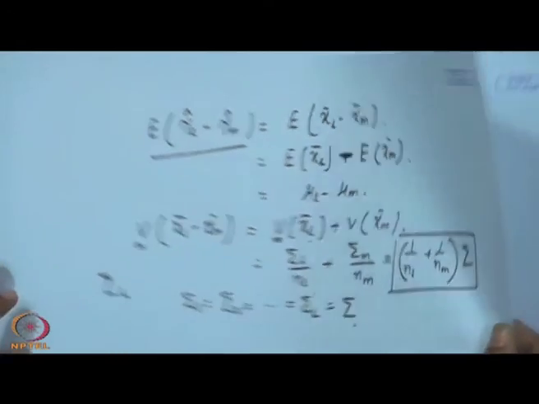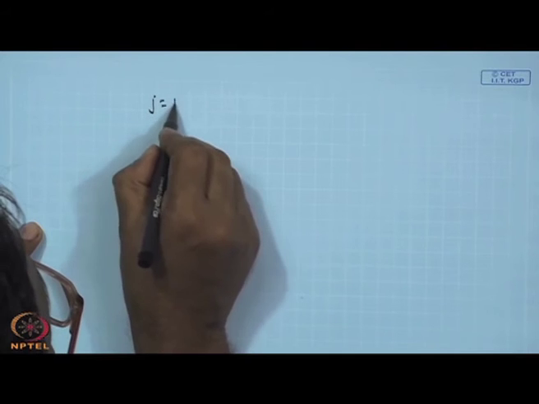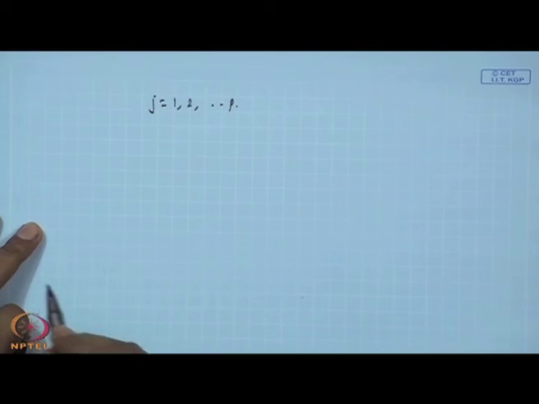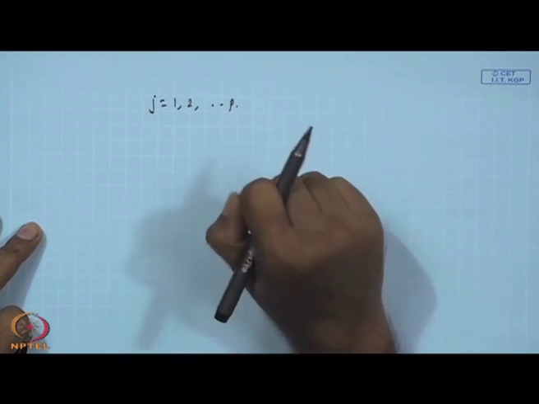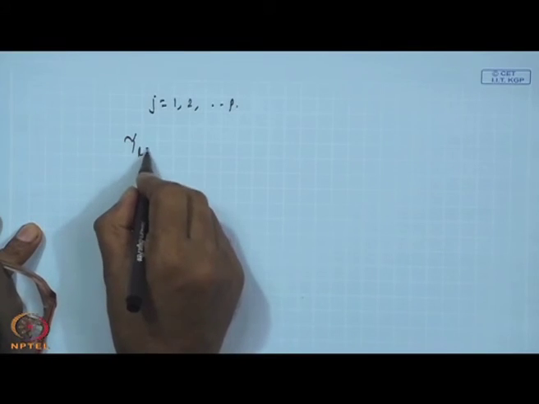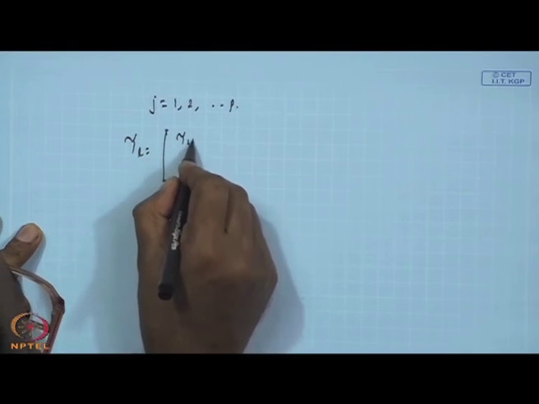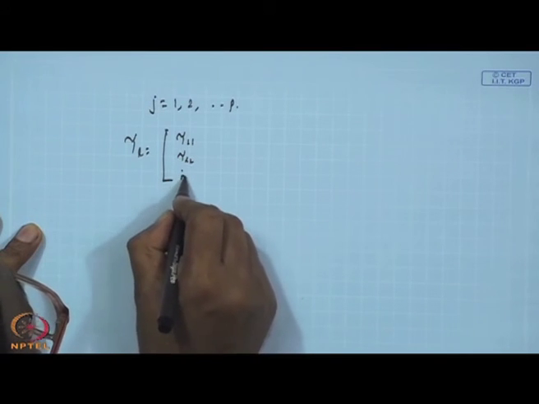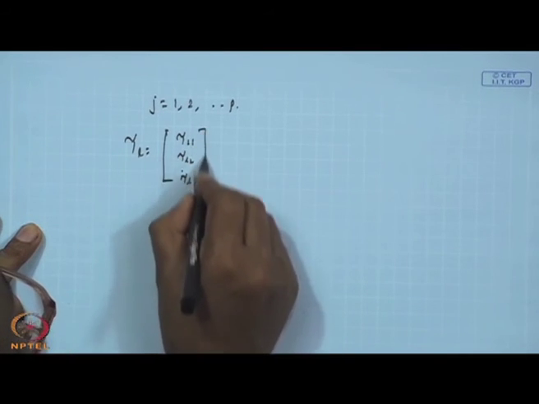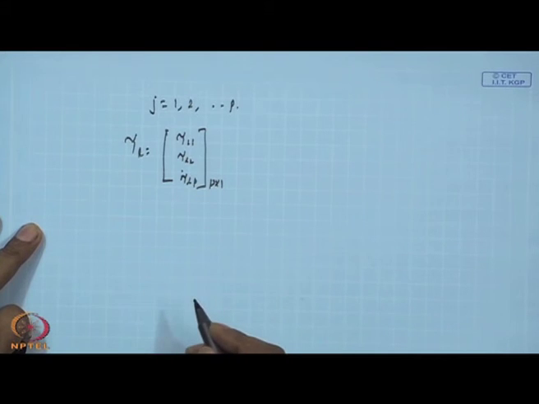Suppose we are interested, this is from the overall population effects point of view, you are finding out the difference. Now, there are j equal to 1 to p variables. As I told you that I want to know what are the variables that are making the effect. So, that means tau L is nothing but your tau L1, tau L2, like this tau L p, p cross 1.